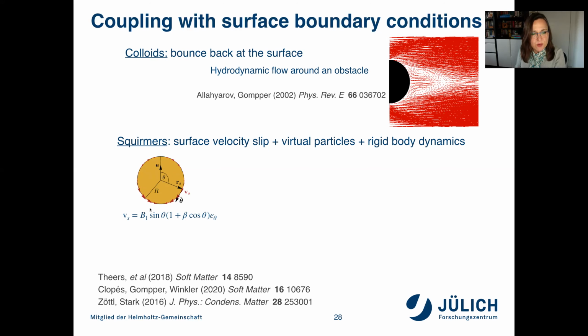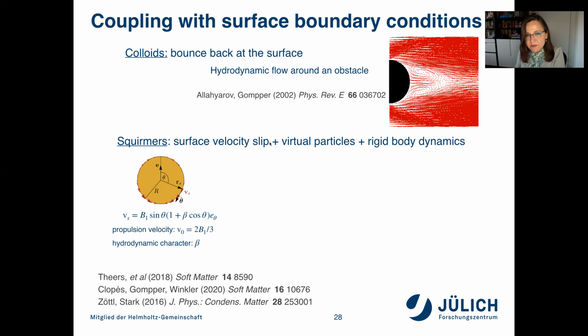Following this expression, you can change not only the propulsion velocity of this swimmer, which can be faster or slower, but also the hydrodynamic character. If beta is 0, you have a swimmer with neutral hydrodynamic interactions. If it's negative, it will be a pusher, and if it's positive, it will be a puller.